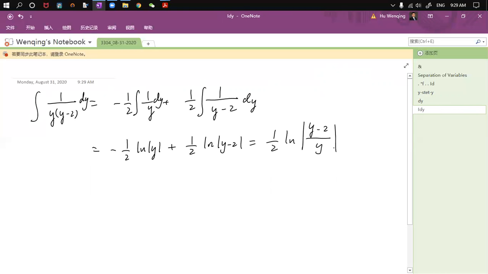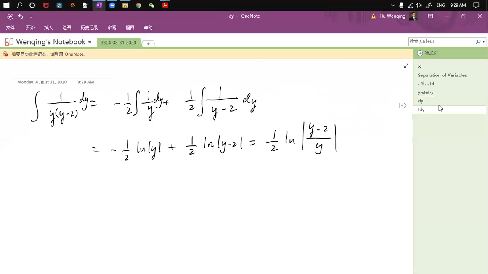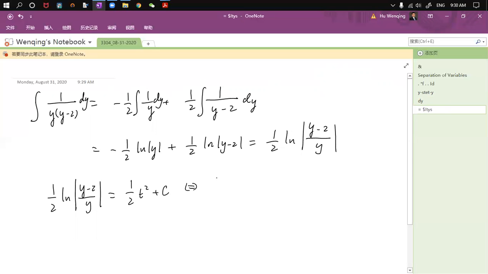So that's what happens to this partial fraction decomposition. As long as you have this, you come back to the equation, and it tells you that 1/2 of the logarithm of y minus 2 divided by y is equal to your integral, 1/2 t squared plus a constant. So further, it simply says that the logarithm of y minus 2 over y is equal to t squared plus a constant. Here the constant is actually 2 times a constant, but it doesn't matter.